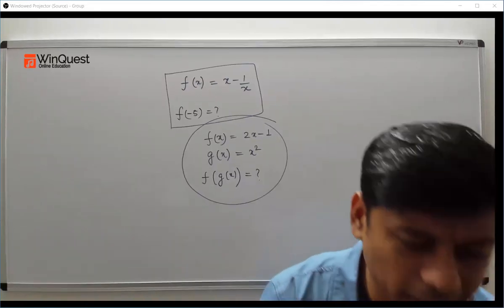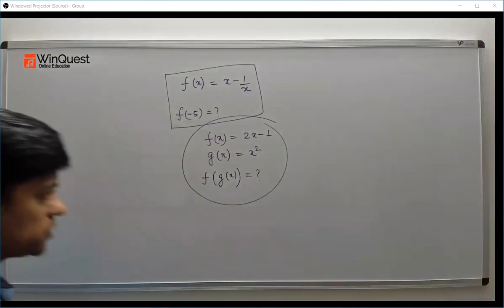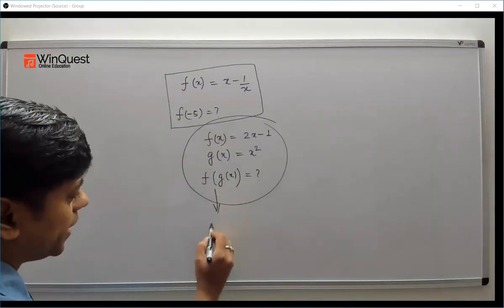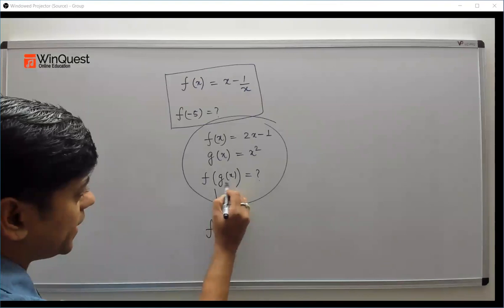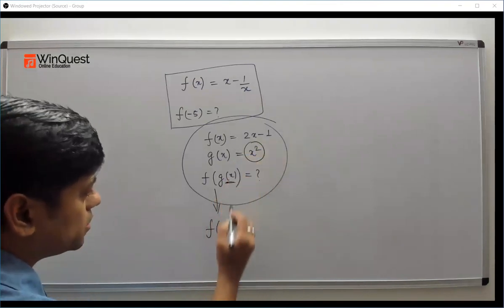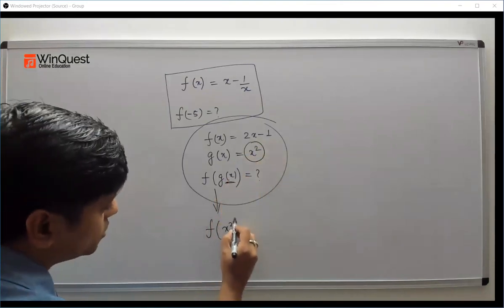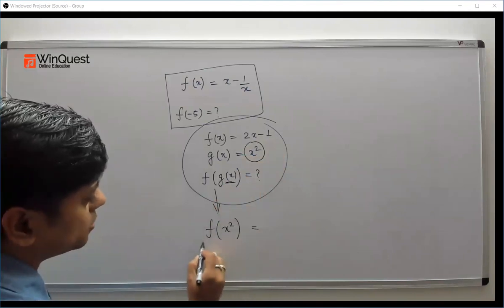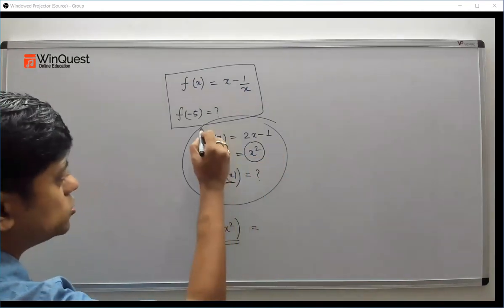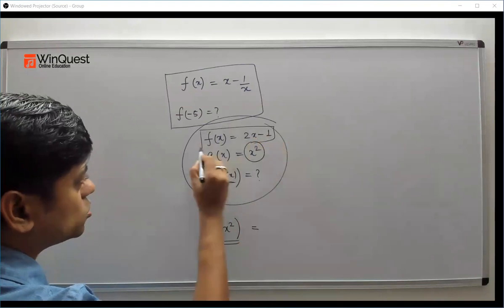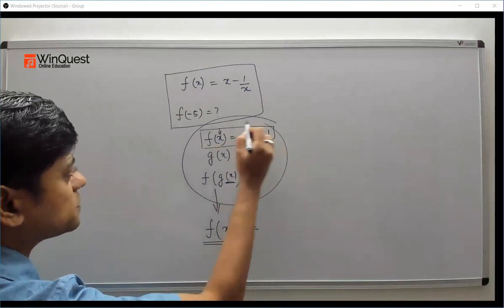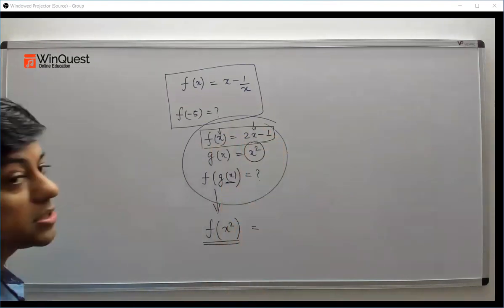In this particular case, f of g of x means g of x as a whole is x square, so I will put x square. So f of x square, if we put, I'm going to use this expression now. So this x is substituted by what? x square.